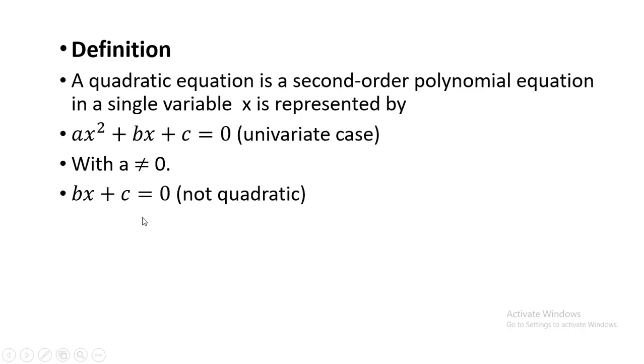It actually turns into a linear equation. So this is one of the most important conditions when we are solving a quadratic equation of a univariate case: a should not be equal to 0. If it equals 0, it will turn into a linear equation but not quadratic.